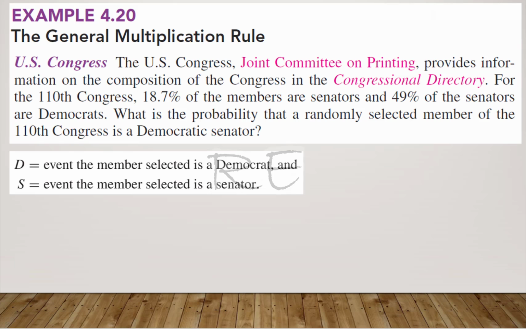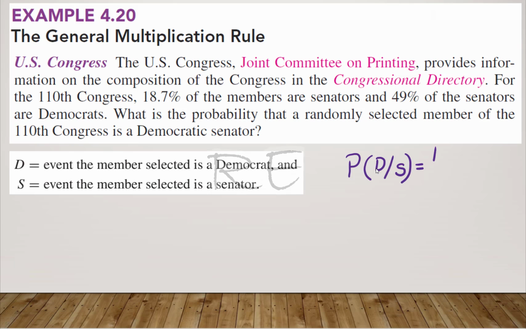D is going to be the event that the member selected is a Democrat, and S the event that the member selected is a senator. We need the probability that a randomly selected member is a Democratic senator.